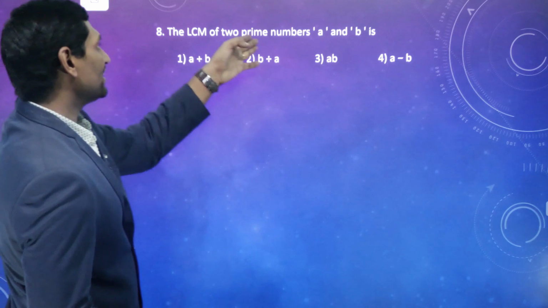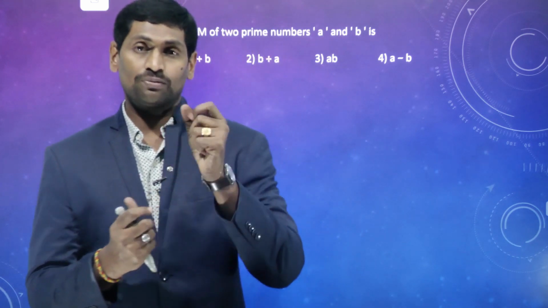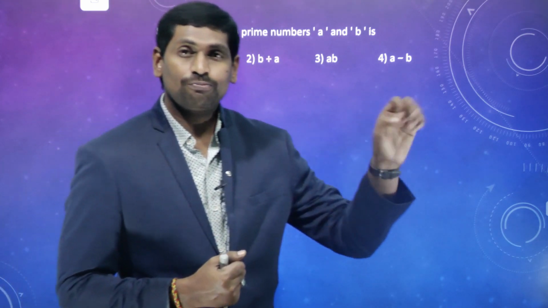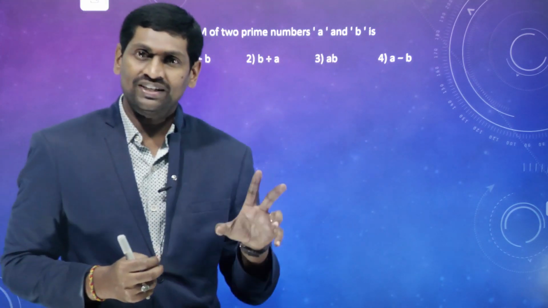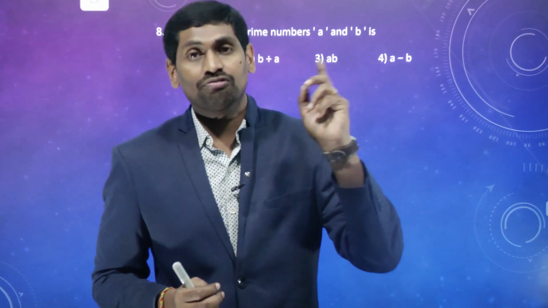The LCM of two prime numbers A and B. Coming to the point here, HCF of co-primes or HCF of any two consecutive numbers we have discussed is always 1. Same way HCF of two prime numbers is also 1.